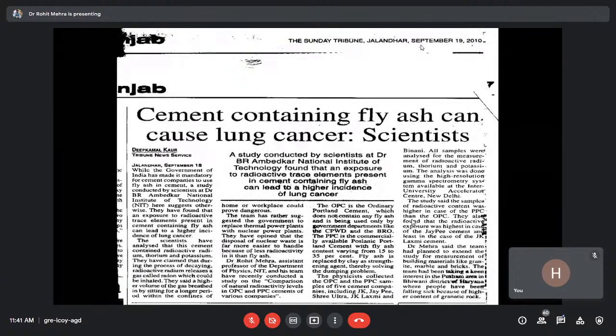And that is very close to some mine areas which have uranium contamination. Jaduguda is in that area. So it has natural radioactivity built into it. So once you use that fly ash in cement, your walls which are plastered with those cements are emitting that radiation level.